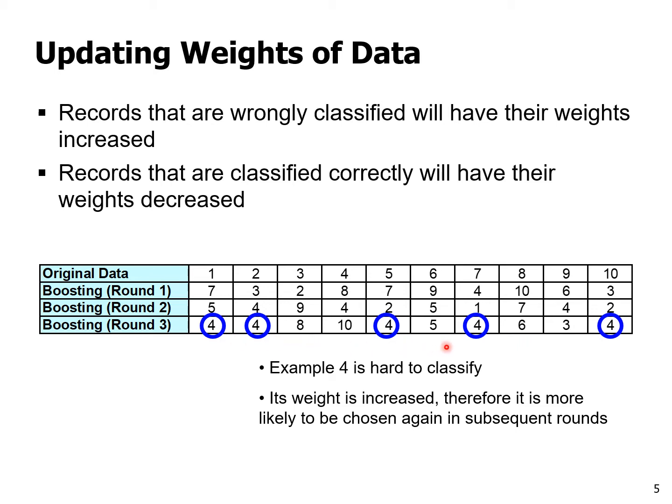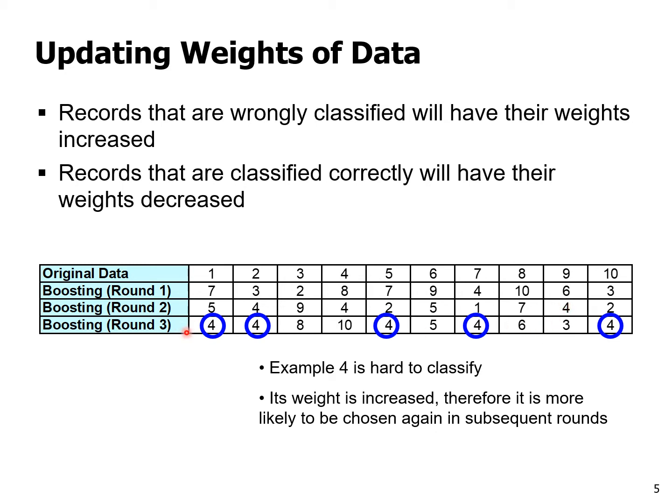As you can see here, if a certain data is misclassified, you increase the weight of the data. That way, in the next round, you see more of the data. In this case, suppose 4 is misclassified, then the next round we see more of data 4, and let's assume this data 4 is still misclassified, then we increase this weight even more.